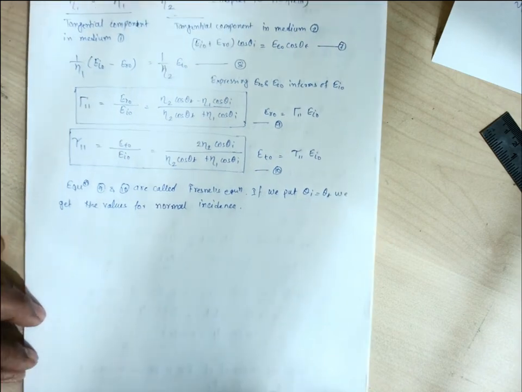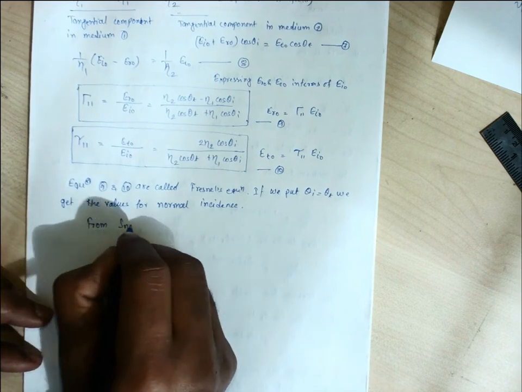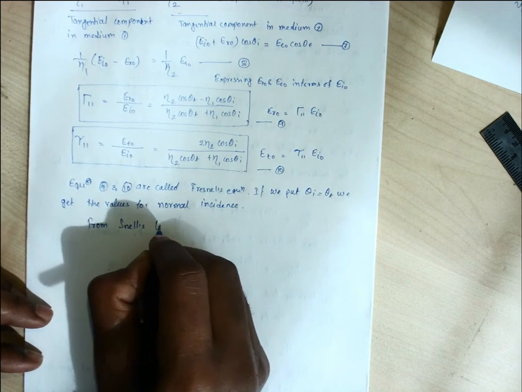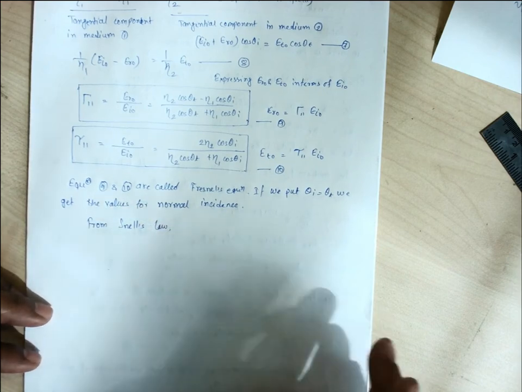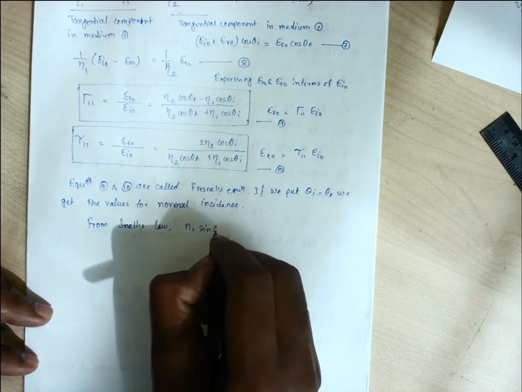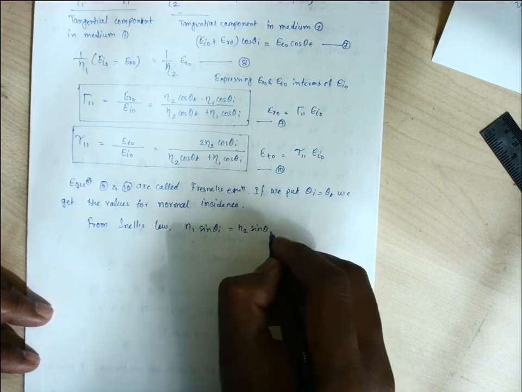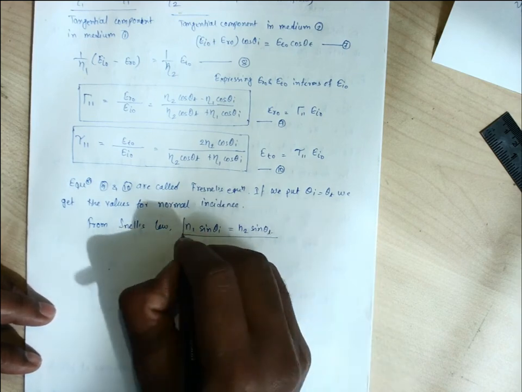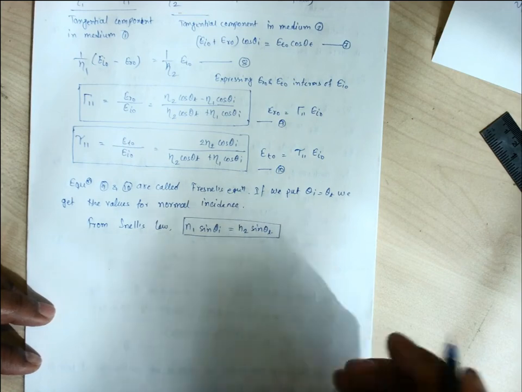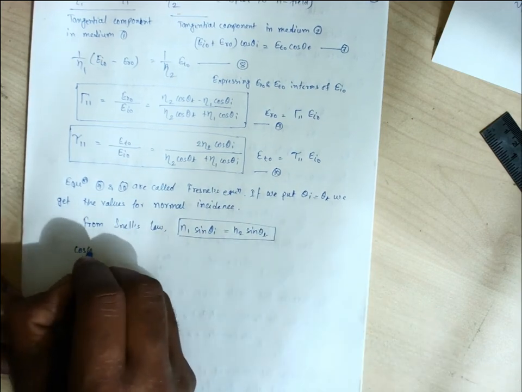Now from Snell's law, what do we know? N1 sin theta I is equals to N2 sin theta t. So what is cos theta t?